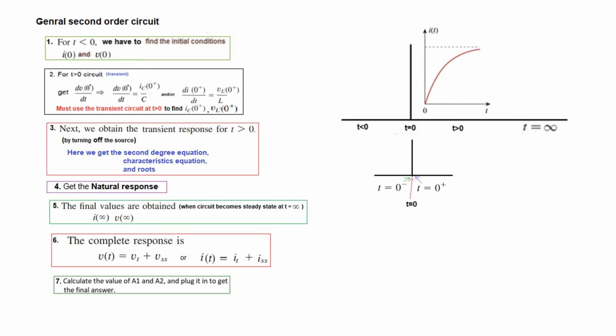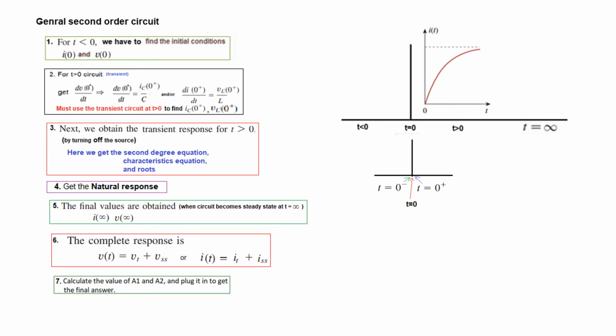Okay, as I have been following the steps in case of a series circuit and parallel circuit, same steps I'll be following, similar steps rather, with minor changes. So these 7 steps we'll follow, and we'll go one by one to solve the problem. Another important point we have to keep in mind is that when we say t less than 0, then primarily we are somewhere here.